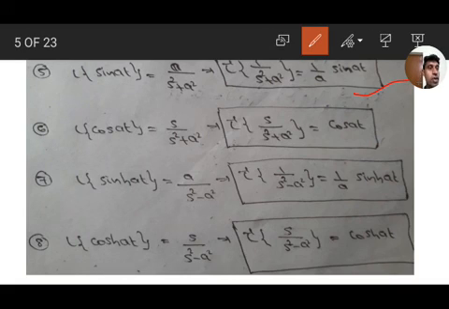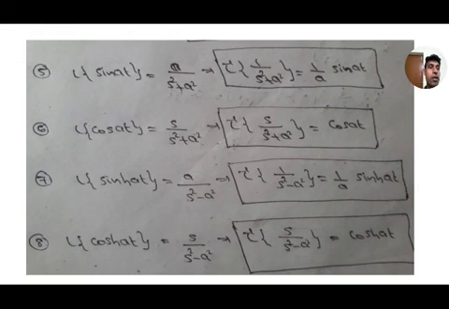L inverse of s by s square plus a square equals cos at. L inverse of 1 by s square minus a square equals 1 by a sin h of at. L inverse of s by s square minus a square equals cos h of at. For sin at and sin h of at we get the extra 1 by a. These 8 formulas are very important to remember by heart.